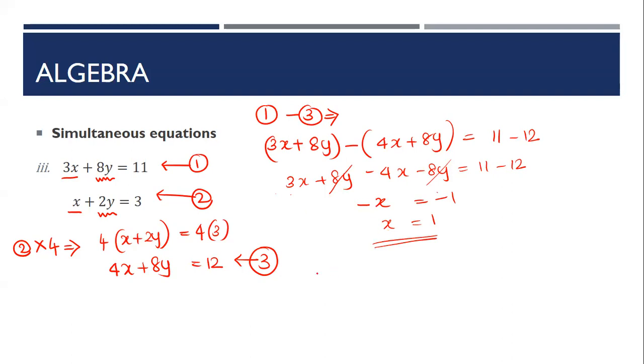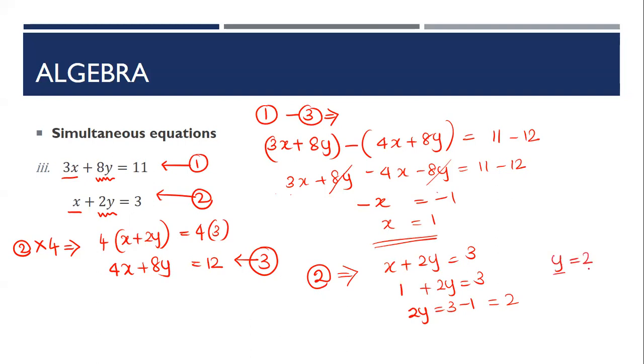Then I apply this x value to my equation 2. x plus 2y is 3. So x is 1, and 1 is going to the left hand side as minus 1. So 2y is equal to 2, so y is 1.